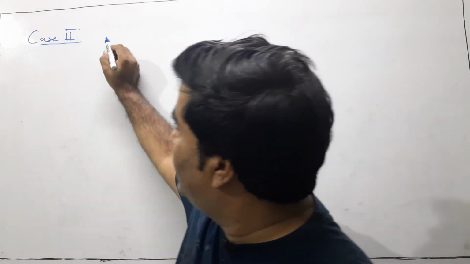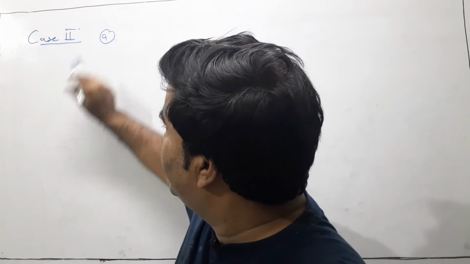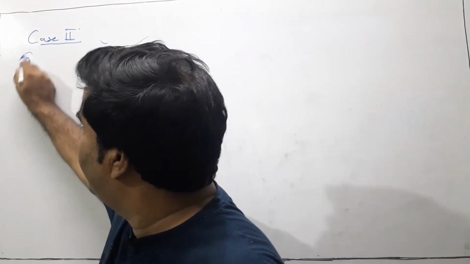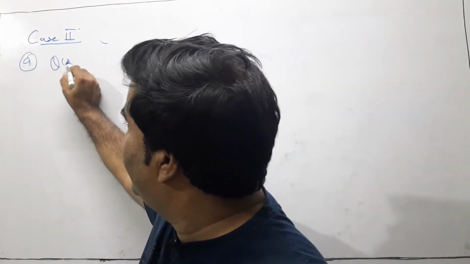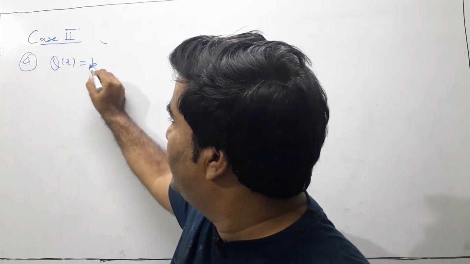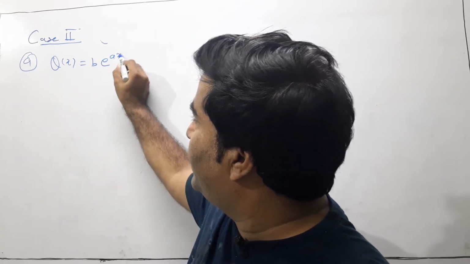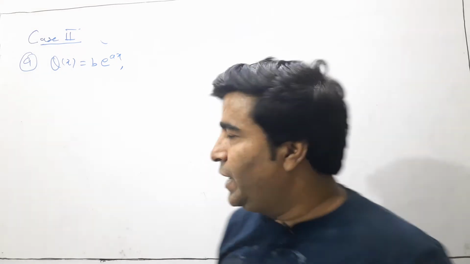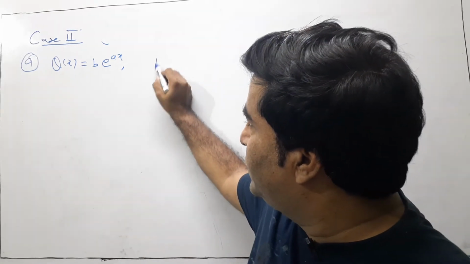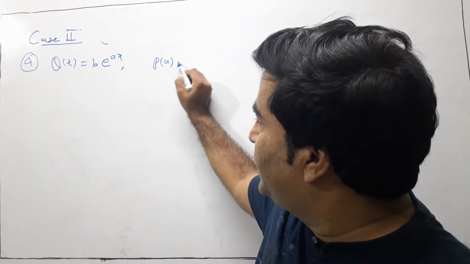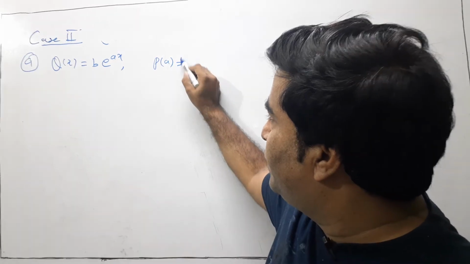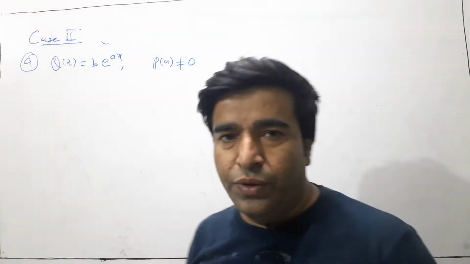Here we have three cases. Case A: when Q(x) is v into e to the power ax, and the condition is that P(a) is not equal to 0.